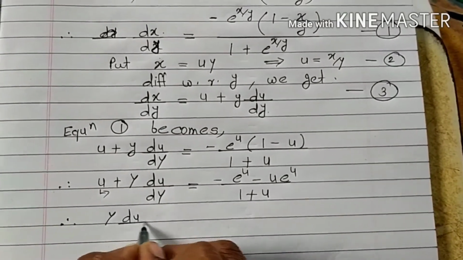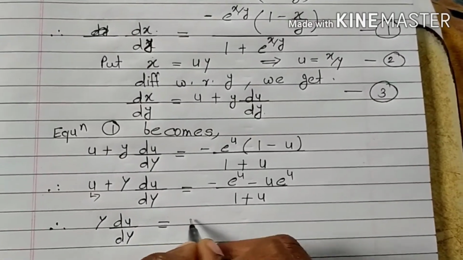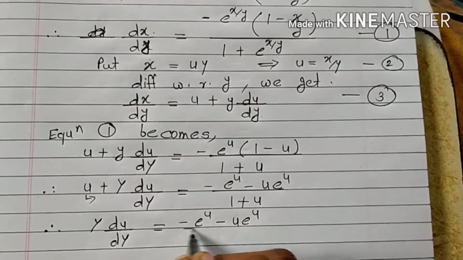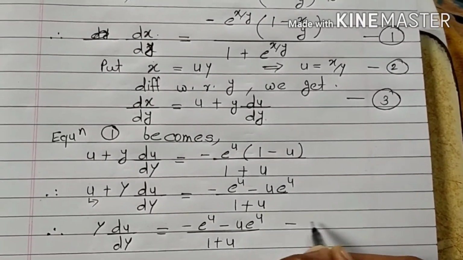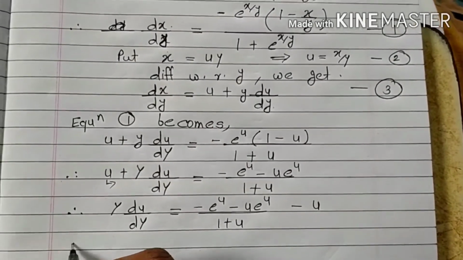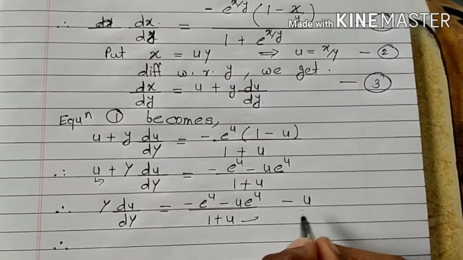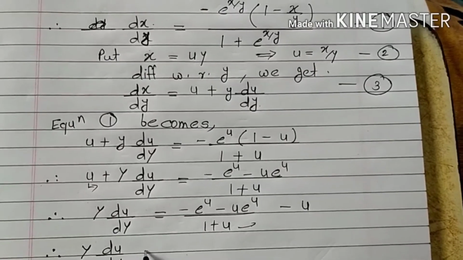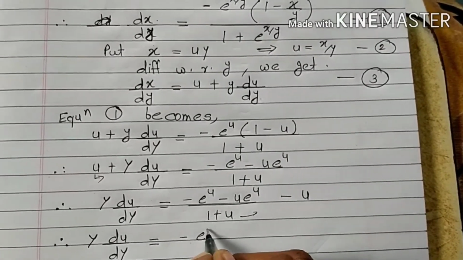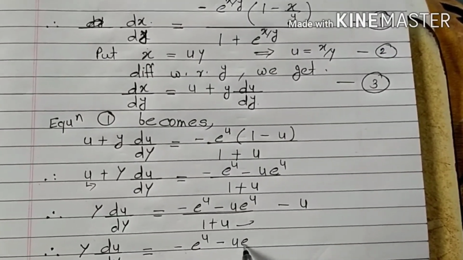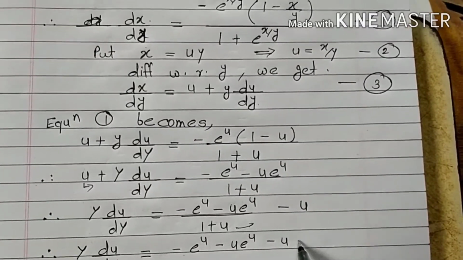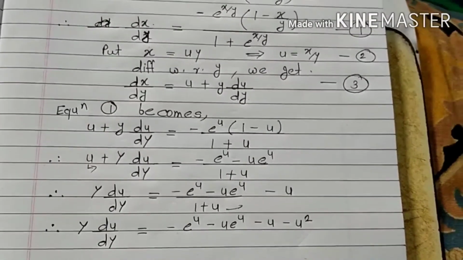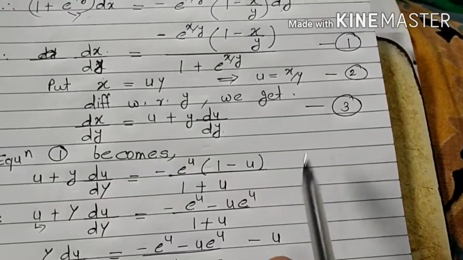Now take this sum, y du upon dy, minus e raised to u minus u into e raised to u, then multiply with this. Sorry, there is one mistake.